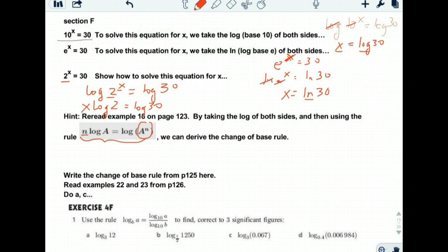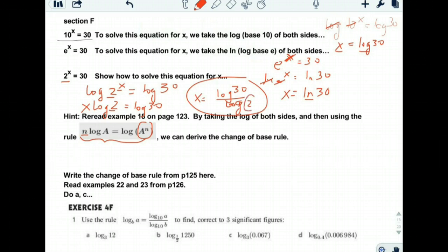So we can divide both sides by log 2 and we'll get x equals log of 30 divided by log of 2. Okay? And so now we already have an answer that's already a number. If we put the log 30 and log 2 in the calculator, we can figure out exactly what x is. So we were able to solve it using log base 10, even though the exponent is not base 10.